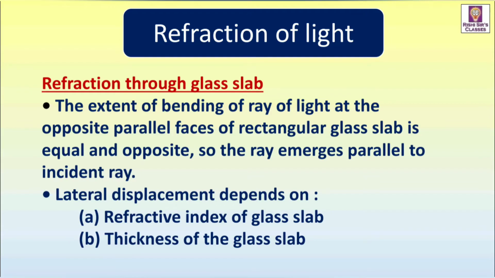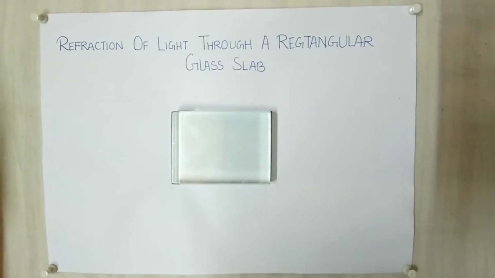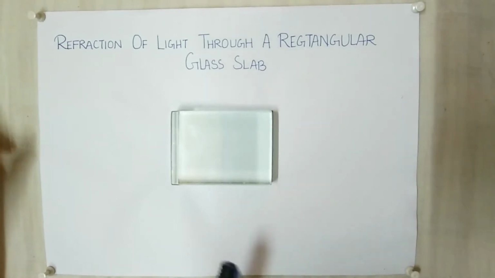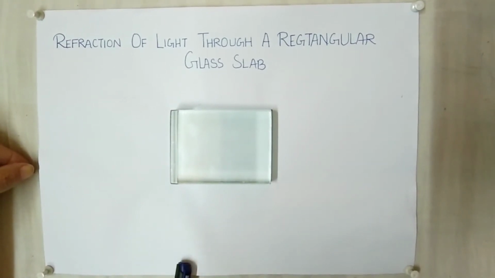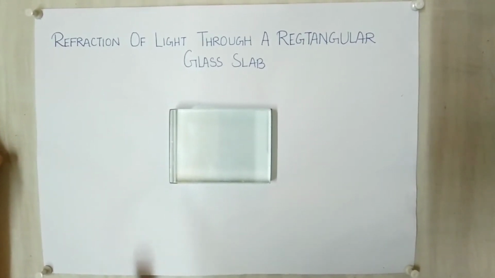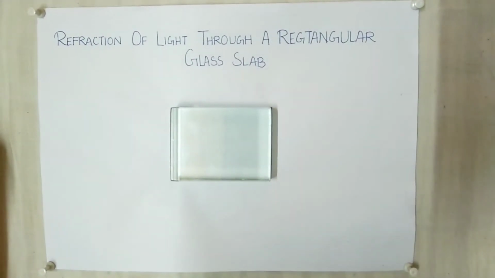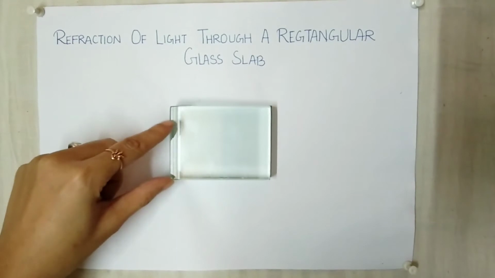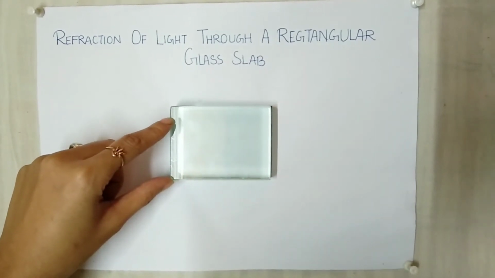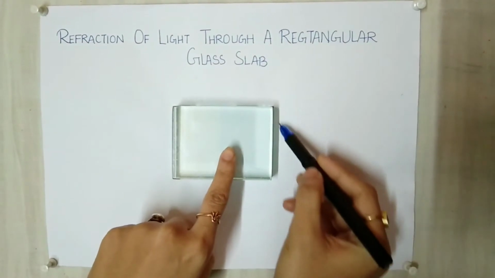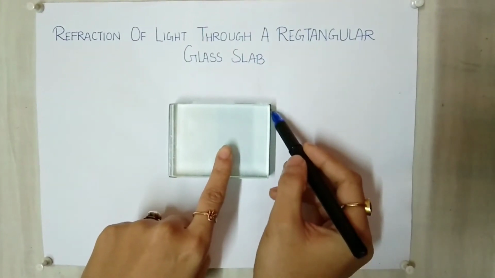Now let us demonstrate refraction of light through a rectangular glass slab. For this we have to fix a sheet of white paper on a drawing board by using drawing pins at its four corners. Now we have to place this rectangular slab in the middle of the sheet, and draw a boundary around the glass slab.